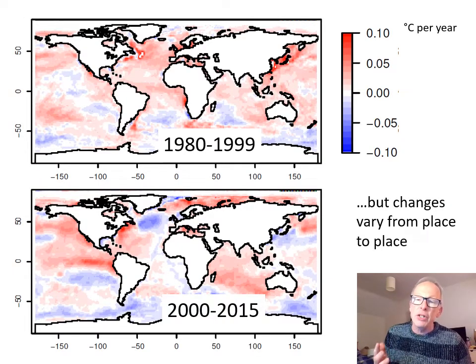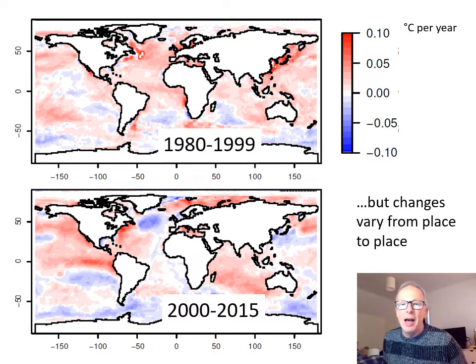So while the global trend is uniformly upwards, there's considerable variation from place to place, and those patterns are also not uniform over shorter periods. So for example, from the early 80s through to the end of the 20th century, the North Atlantic increased in temperature uniformly, whereas since 2000 there's been a degree of apparent cooling in the North Atlantic from 2000 to 2015.